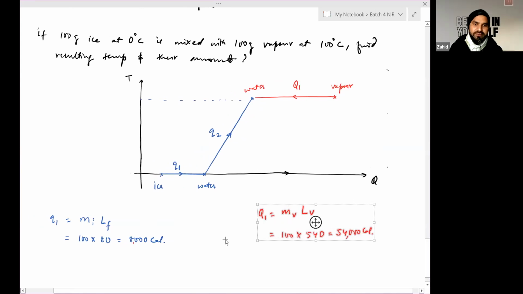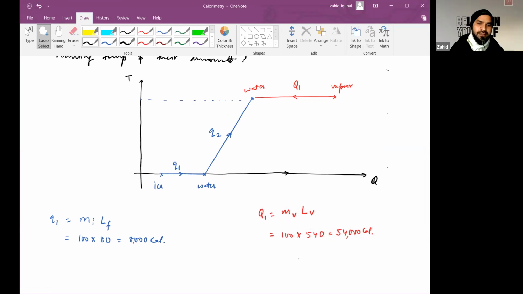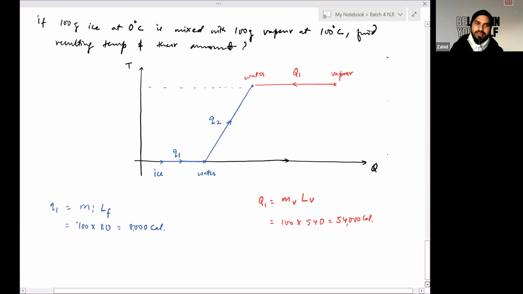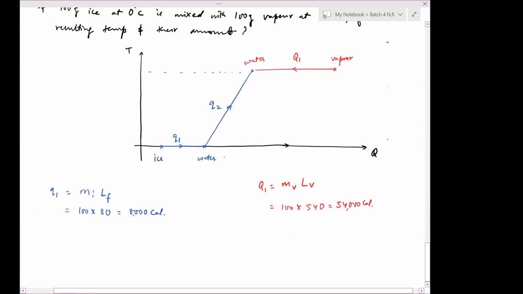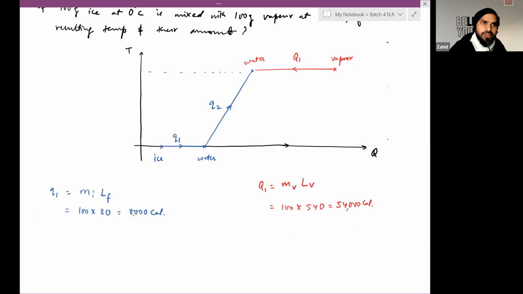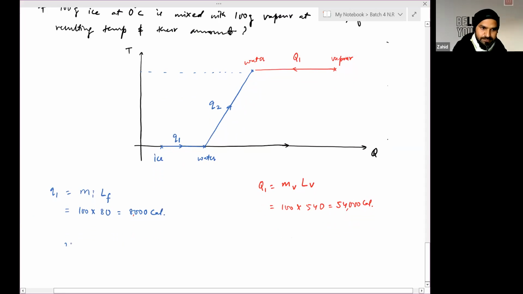Now, which of these two have more amount of energy? The Q1. So we can say we have more amount of heat energy as compared to cold energy. So further, this ice will raise its temperature from 0 degrees Celsius to reach 100 degrees Celsius water. So we may calculate Q2 also.